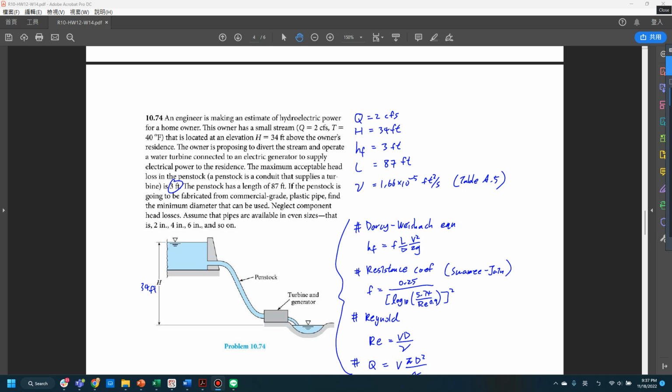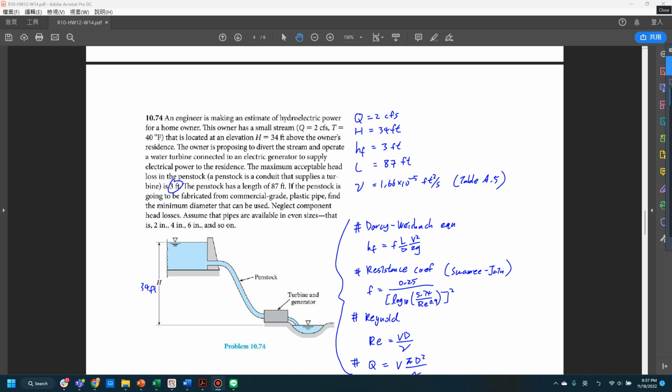In this problem 10.72, we have a similar goal. We try to find the commercial grade plastic pipe size for this penstock, given the information provided by this problem as well as in this diagram. So I just write down all that information on the top right corner here for you.